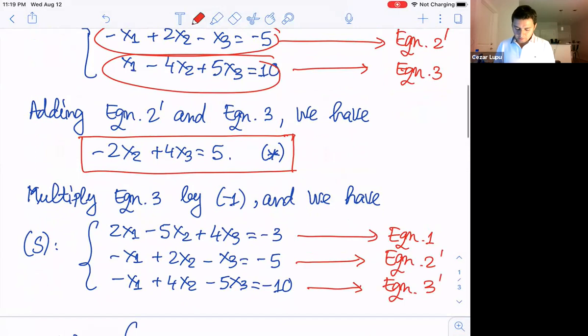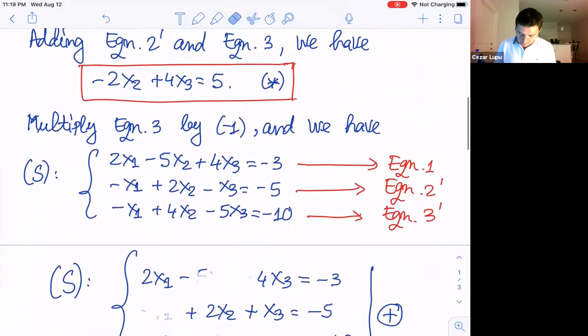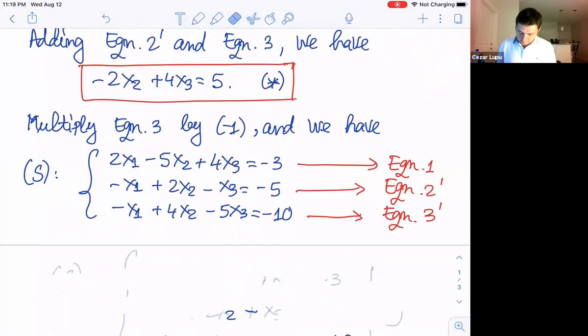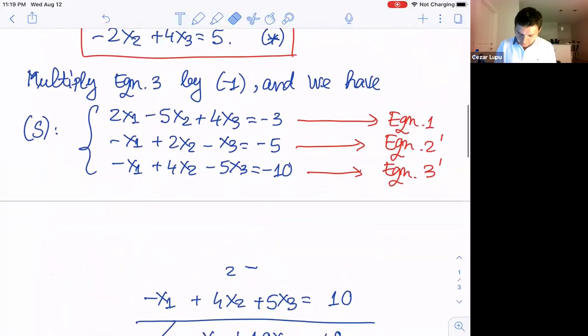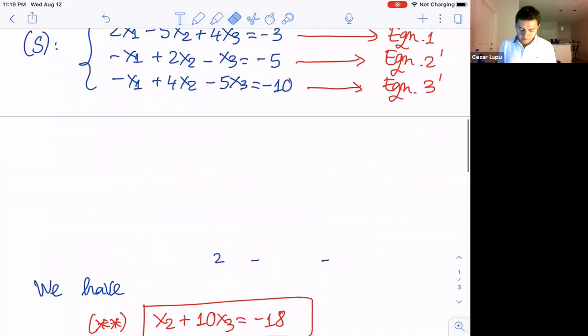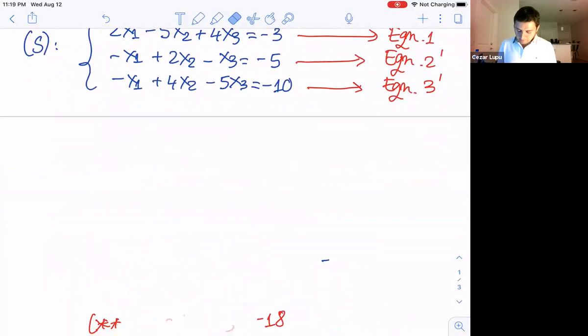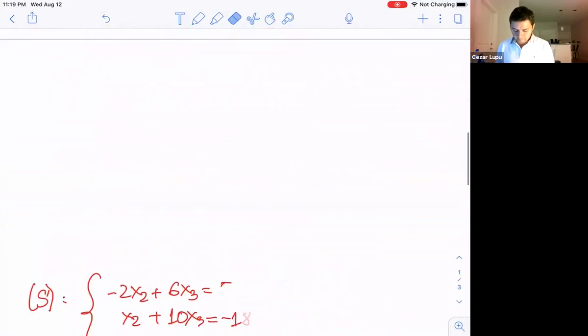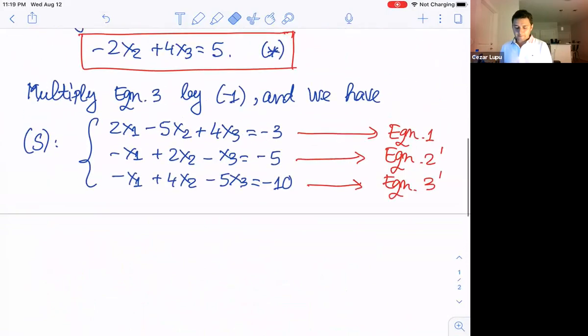So let's look at this equation, at this system now, and let's see what we are going to obtain. Okay, let's see.